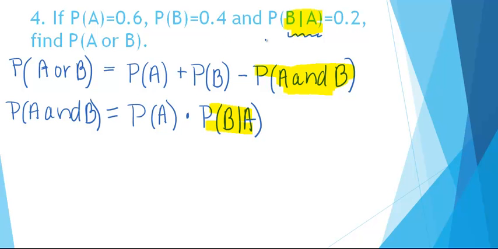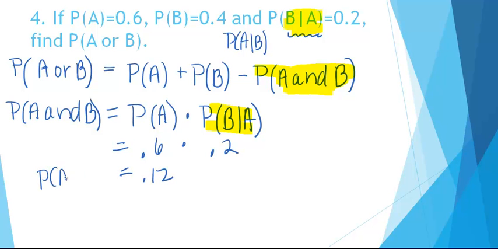If we had this instead, then we would use a different formula, and I went over that one on the first screen. So here we're just going to substitute in the probability of A is 0.6 times the probability of B given A, that's 0.2, and then we have 0.12 for the probability of A and B.